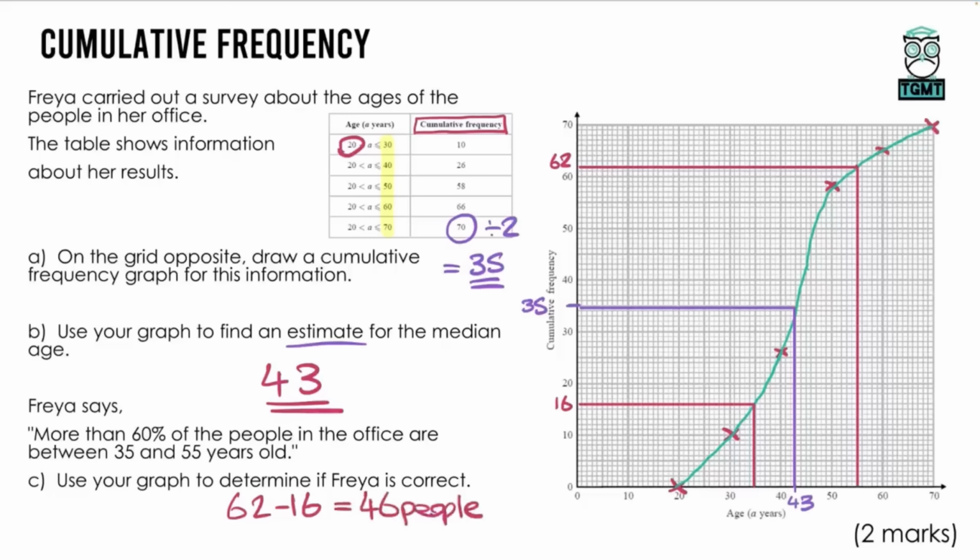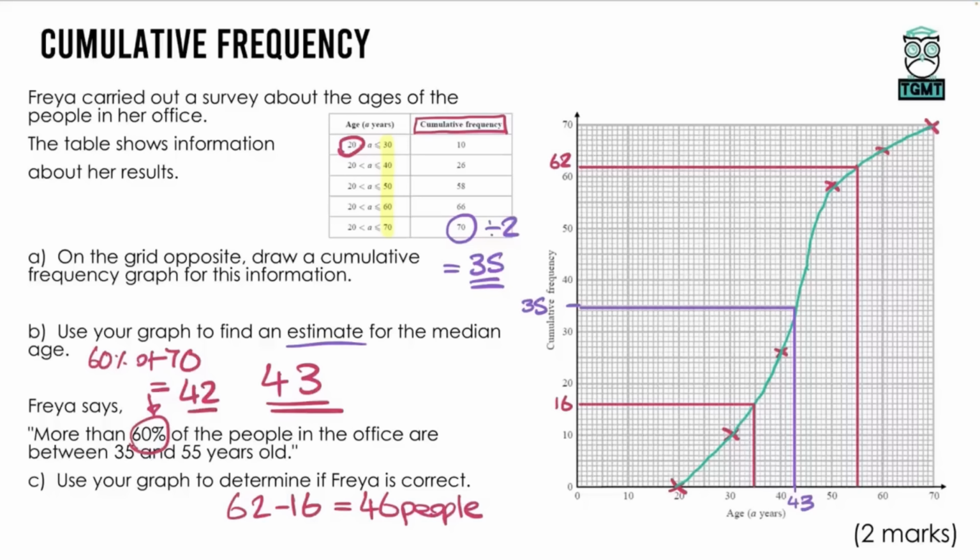Now, we want to compare that to the 60% because she says more than 60%. So if we work out 60% of 70, whatever method you prefer for that, I'm going to do 70 divided by 100, which gets me 1%, and times by 60, and that gets me 42 people.